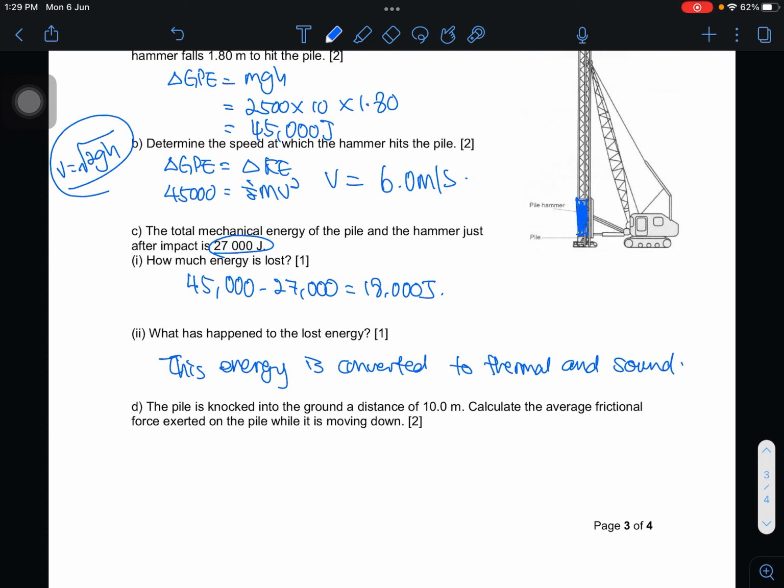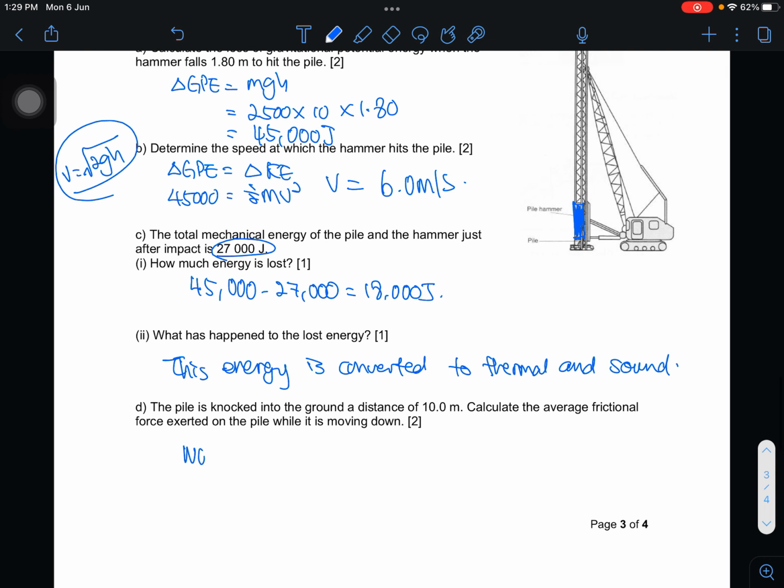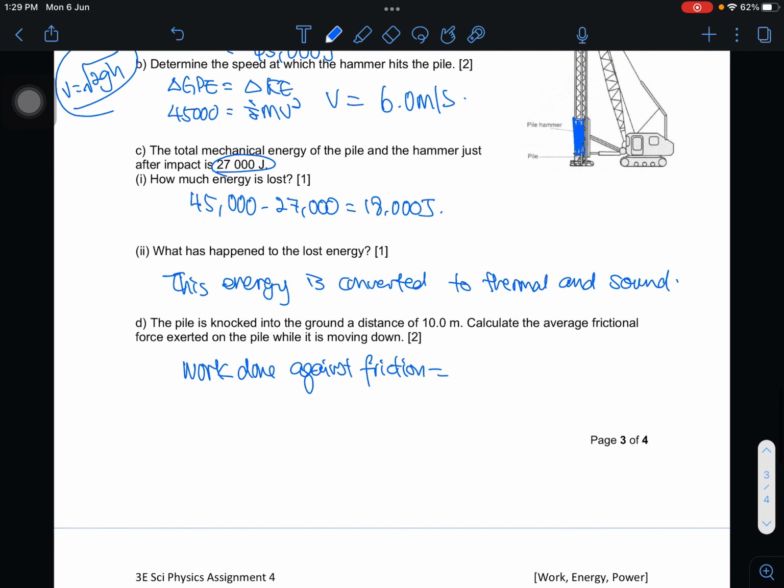Now it's talking about average frictional force, so we'll be talking about work done against friction. Remember previously we have a lot of questions on friction. Work done against friction equals frictional force multiplied by distance. Hopefully you still remember this. So what is the work done against friction?